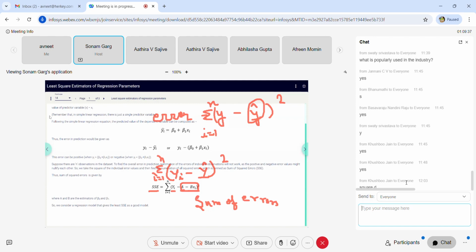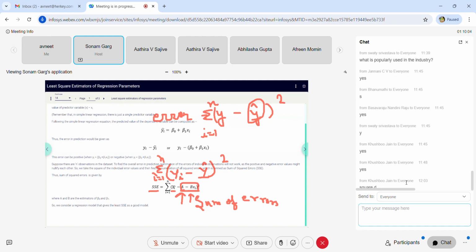So how do we get to the appropriate best fit values of a and b in this equation? If we minimize this component for different values of a and b, and find a minimum SSE, the values of a and b which give me minimum SSE would be my answer.